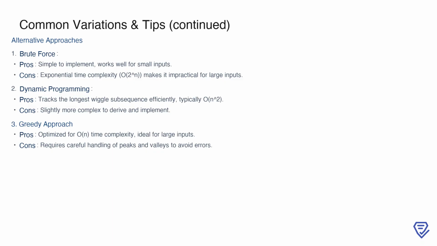While it's a bit more complex to derive and implement, it provides a structured way to track the longest wiggle subsequence. The most optimal solution is usually the greedy approach, which can achieve n time complexity. This method is perfect for large inputs but requires careful handling of peaks and valleys to ensure the wiggle property is maintained. Each of these approaches has its place, and selecting the right one depends on the input size and constraints.